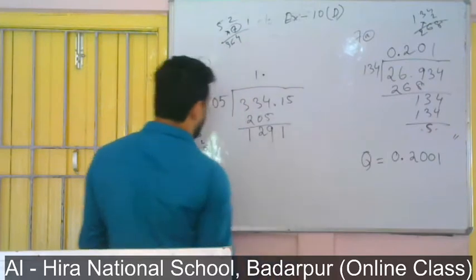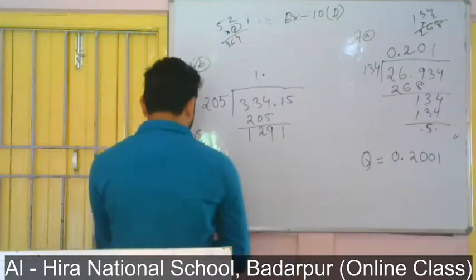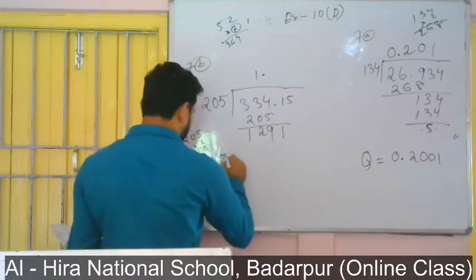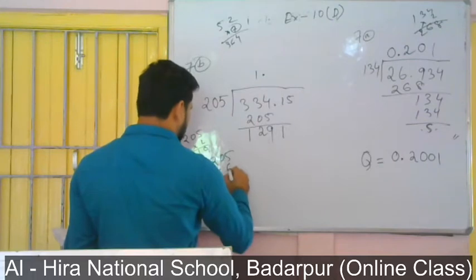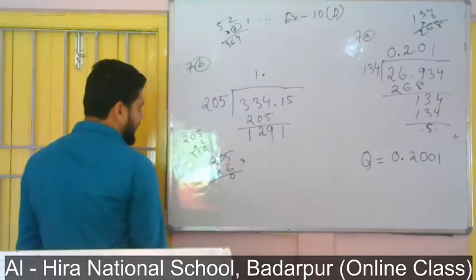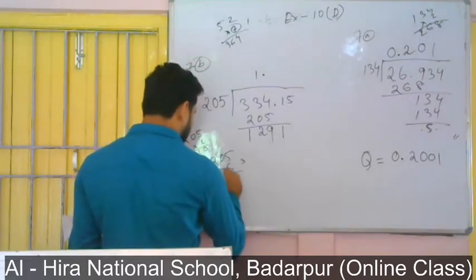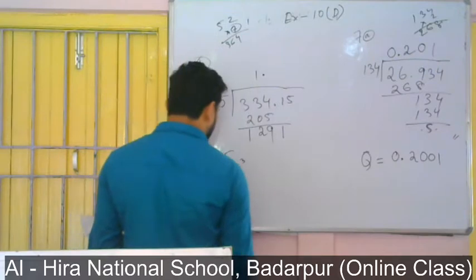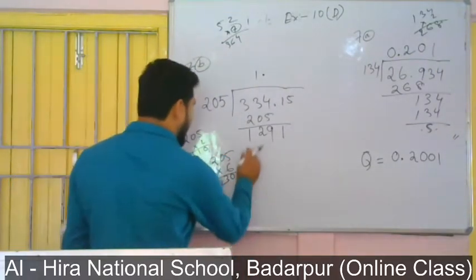1. Now let us check with 205 into 6. 6 5s are 30 and remain 3. Then 6 0s are 0 and 3. 6 2s are 12, 1230, 1291.